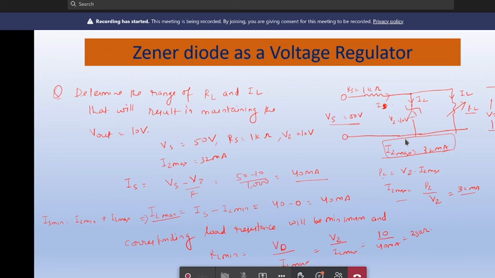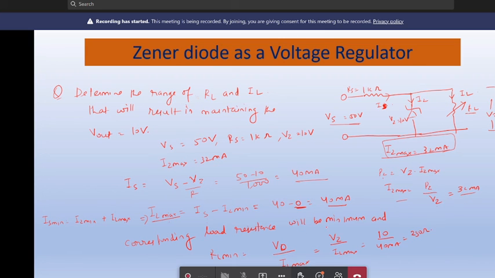The maximum current flows through the Zener. The minimum current through the Zener is assumed as 0, right? So that is 40 milliampere, IL max.